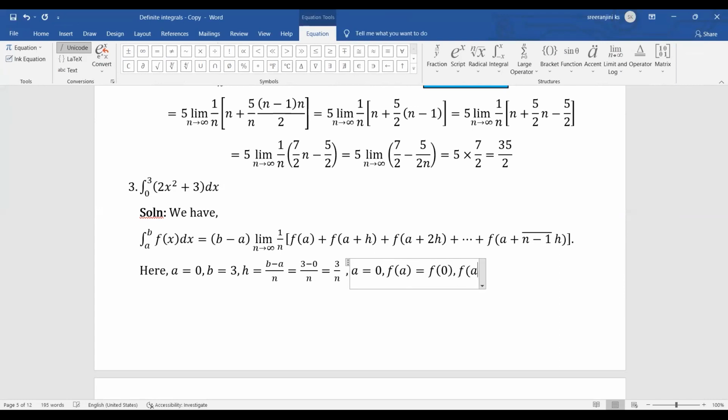Similarly, f of a plus h equal to f of 0 plus h equal to f of h. Am I right? 0 plus h is h, right? Similarly, what will be f of a plus 2h? f of a plus 2h is equal to f of 0 plus 2h, and 0 plus 2h is f of 2h.